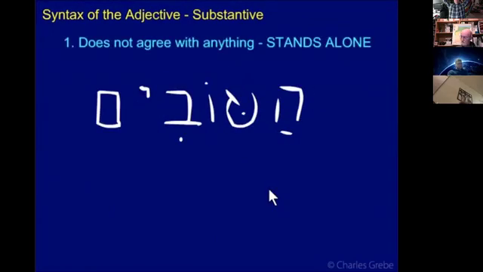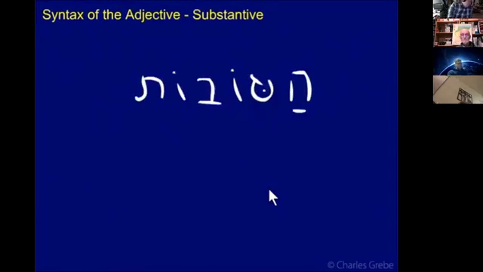If hatovim is the good men, hatovot is the good women. All we changed was the ending from masculine plural to feminine plural. So in Hebrew you don't need to say the women after this. You can simply put the adjective with the appropriate ending, and you can have a noun. It can function as a noun.